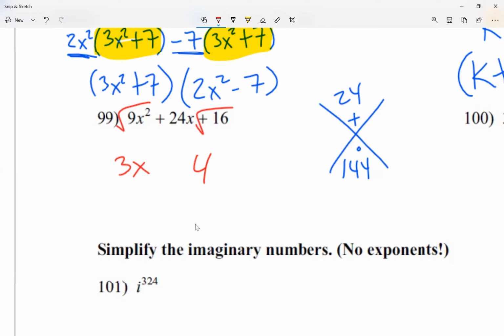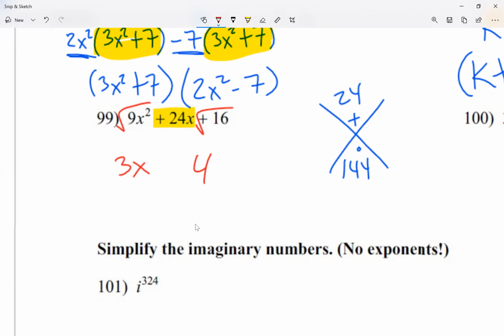If I multiply these two, 3x times 4, it is equal to half of the middle term, right? 3x times 4 is 12x, which is half of 24x. So again, if I multiply these and it's equal to half of the middle term, I have a special case.